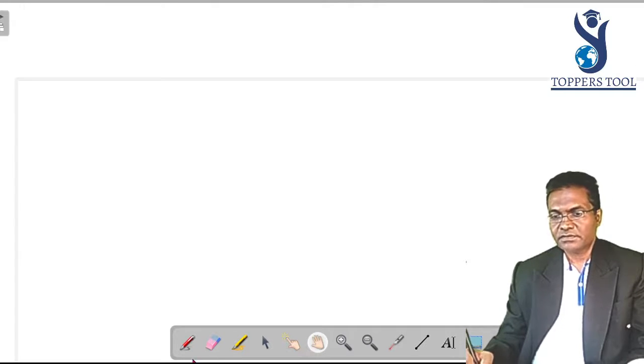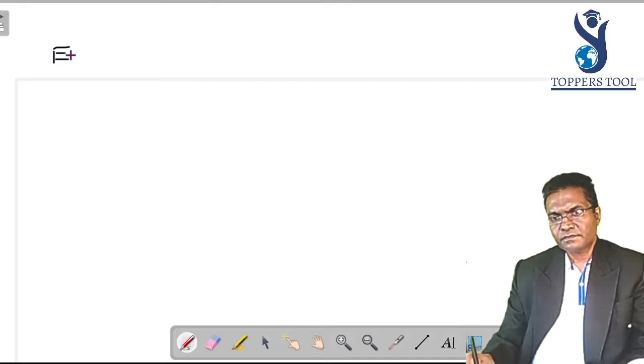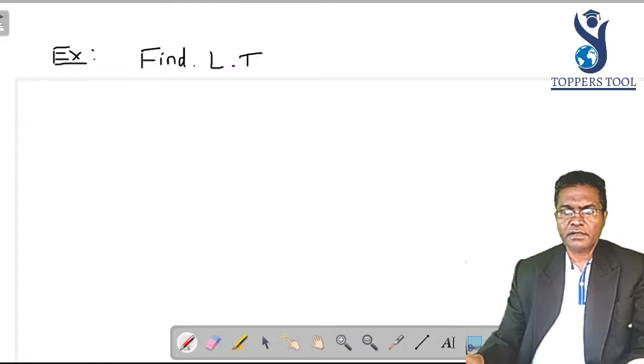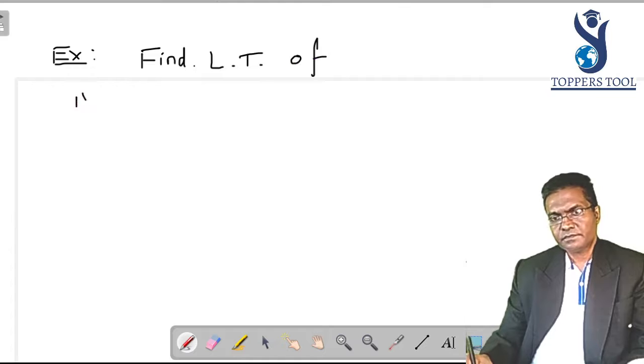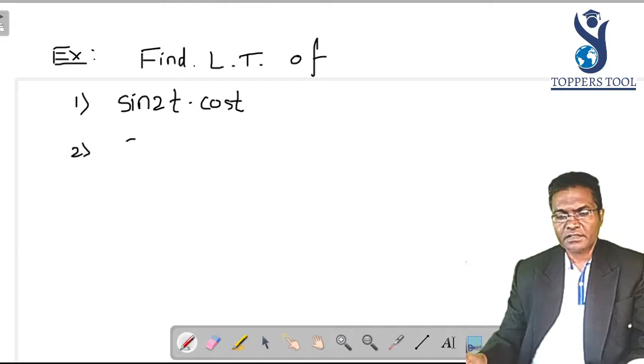Now see here, find the Laplace transform of sin 2t into cos t, and cos 3t into cos 2t.